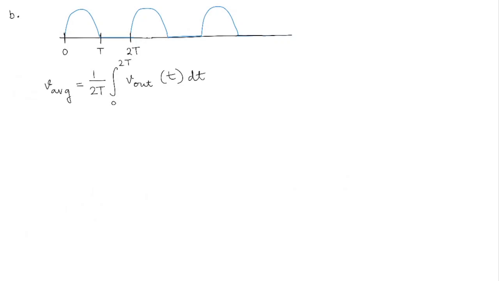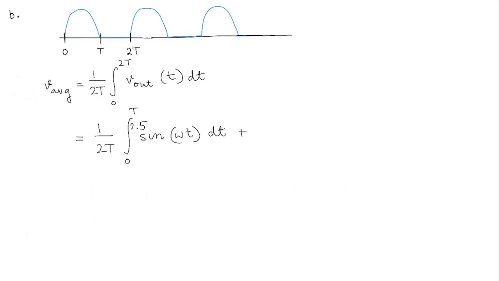You can divide this into two parts. From 0 to t, your signal looks like, you can write cos or sine, let's say sine omega t dt. Let's be a little more careful here. It's not just sine omega t, it's 2.5 sine omega t, because the amplitude is 2.5 volts. Does that make sense? Okay, good.